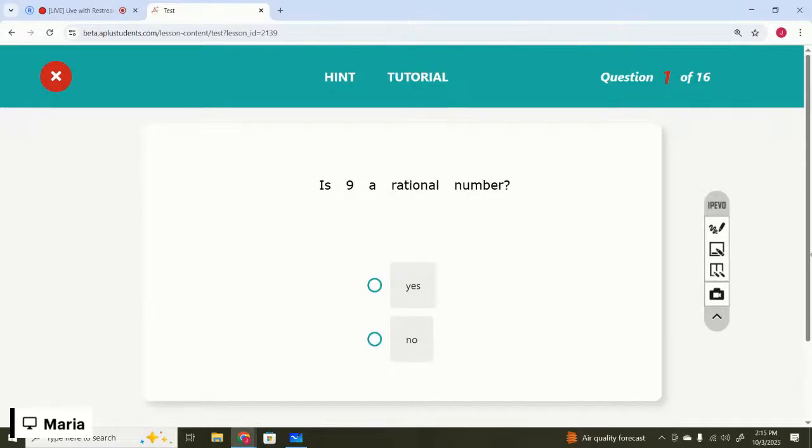Yes, it is a rational number. We can write 9 as 9 by 1. Is 7.644 a rational number?